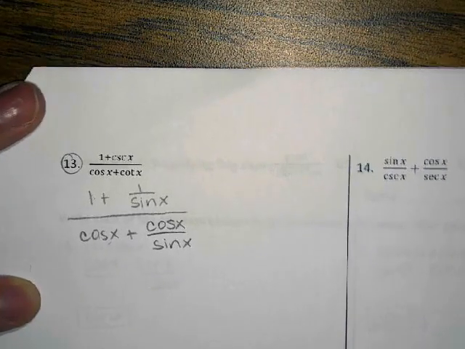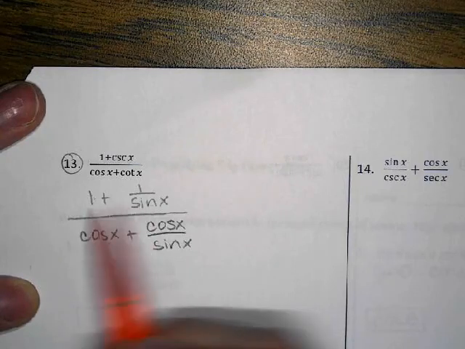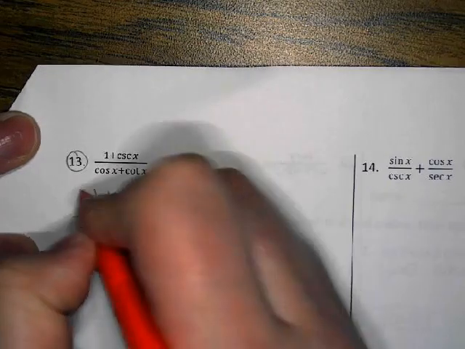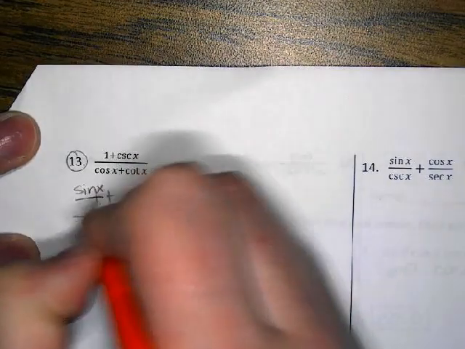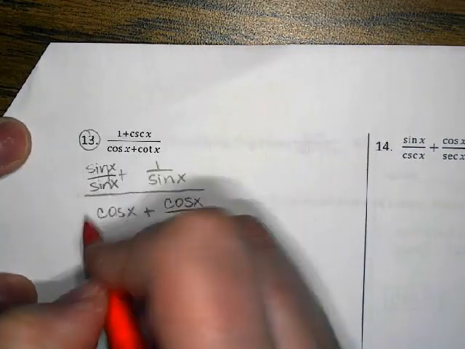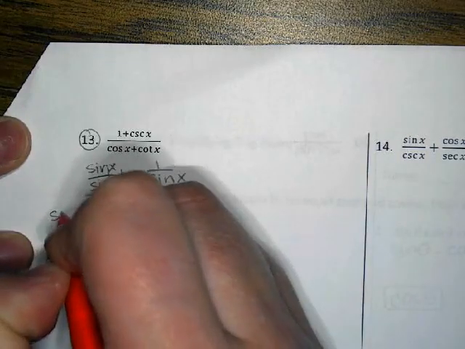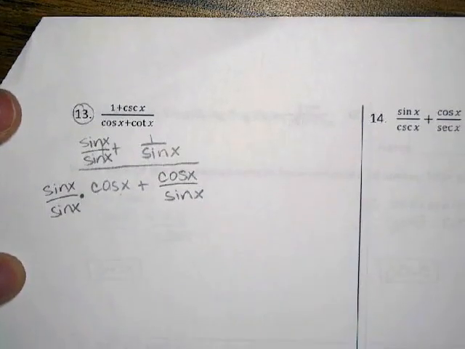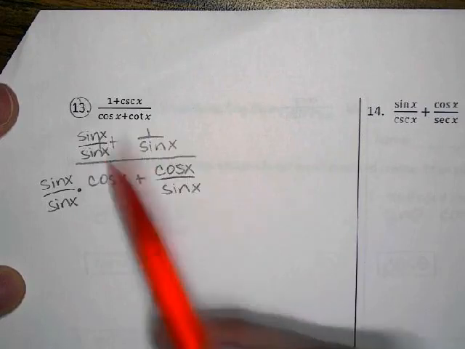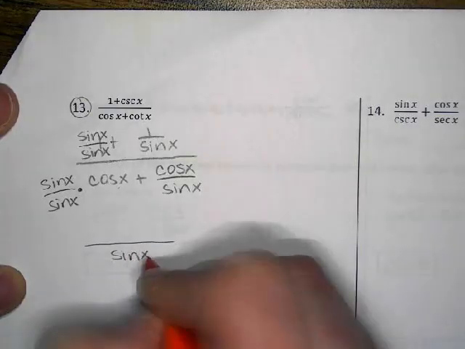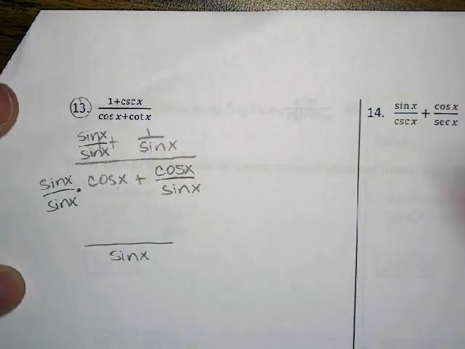Anytime you're trying to add something with a fraction, they should have a common denominator. So 1, I'm going to go ahead and just rewrite as sine over sine, because anything over itself is 1. And then the cos, I'm going to multiply by sine over sine. Okay. So for the top of this, I have a common denominator of sine. And then what do I have on the top now?